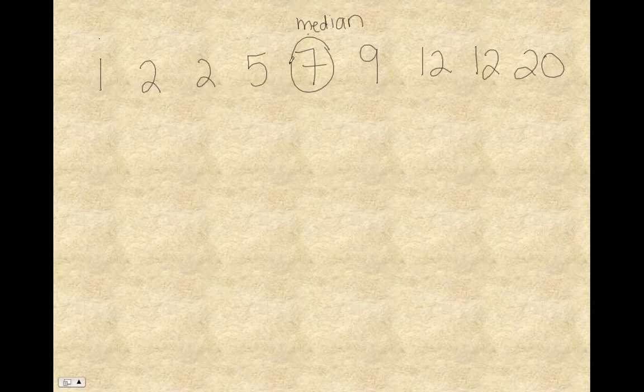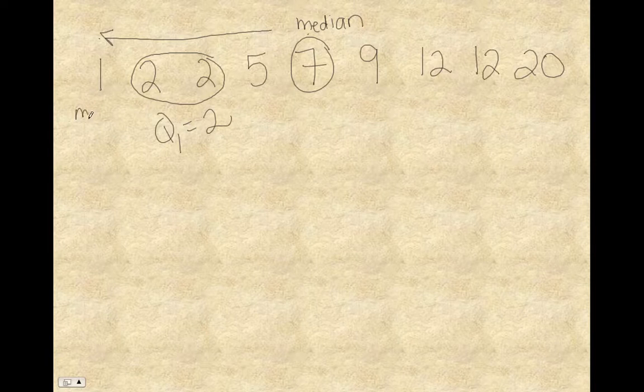Calculating quartile 1 means calculating the median of everything that's less than the median. So the median of these 4 numbers, well, with an even number of observations, Q1 isn't going to be an actual observation. It's going to be in between 2. So the middle 2 over here are the 2 and the 2. And so Q1 is equal to 2.